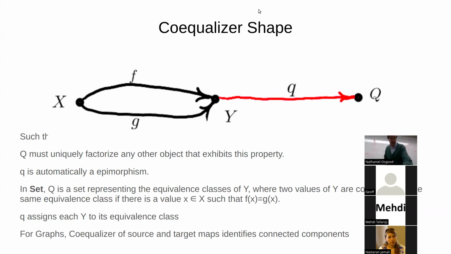So any other object that has this structure in the category, so it has a Q that has this sort of pattern, has to uniquely be factorized by this capital Q. If Q is the coequalizer, it has a unique morphism to any other Q prime that has this property.